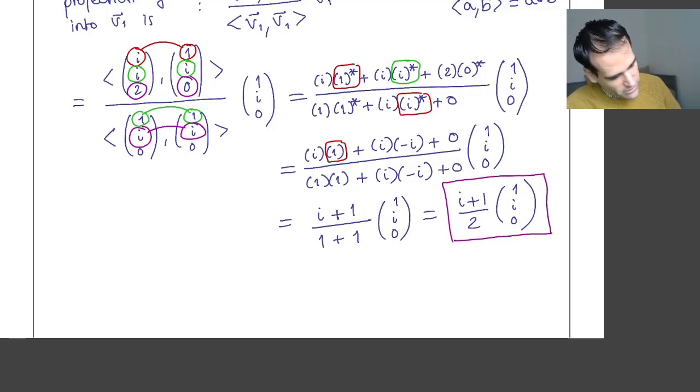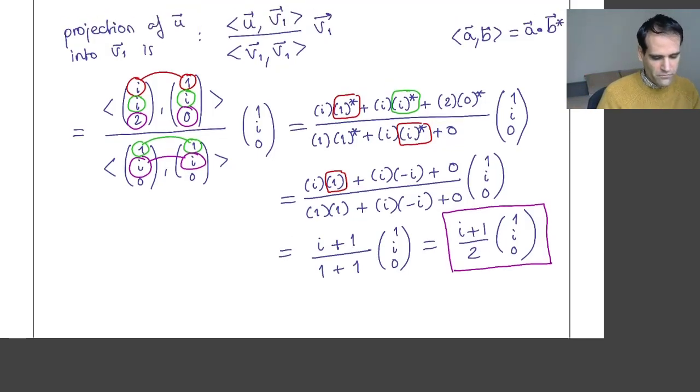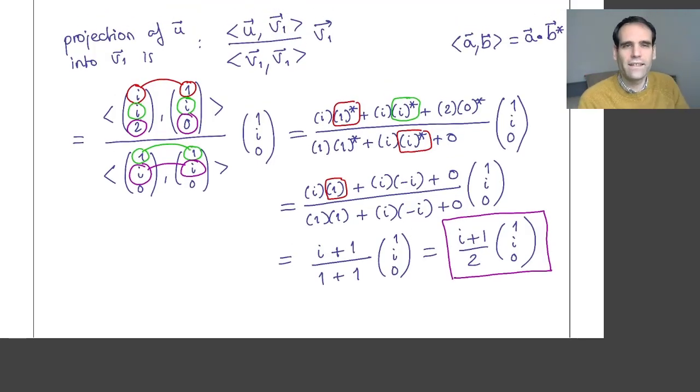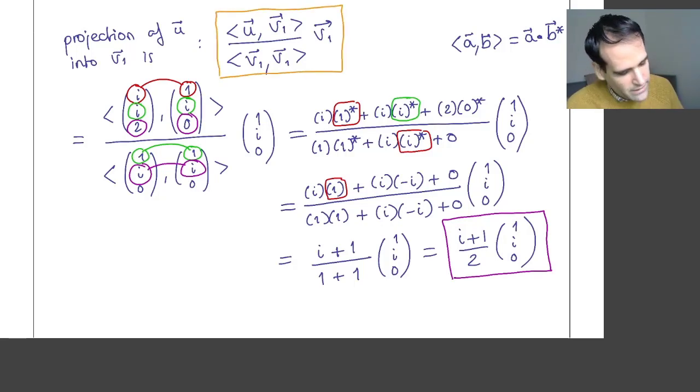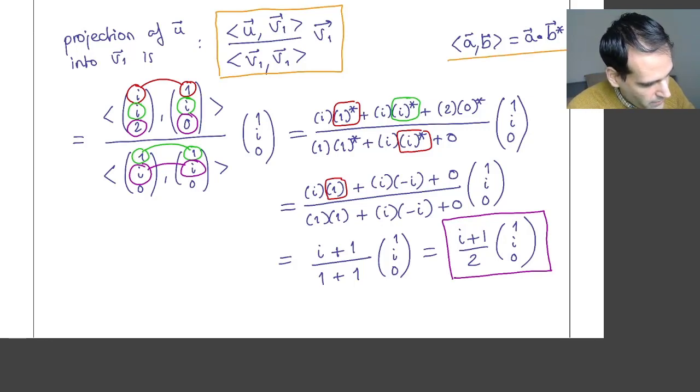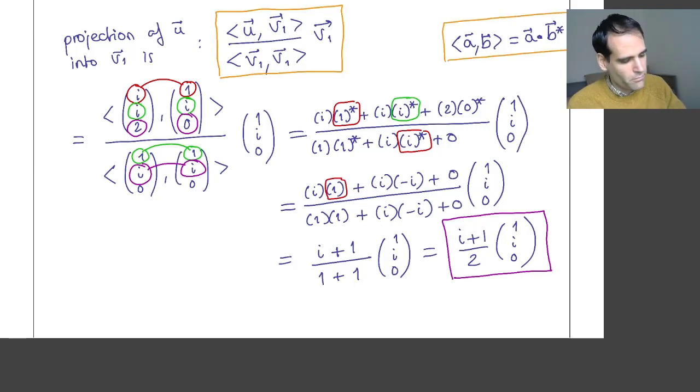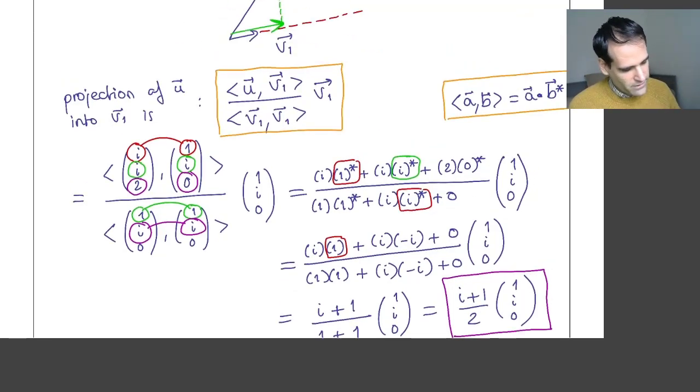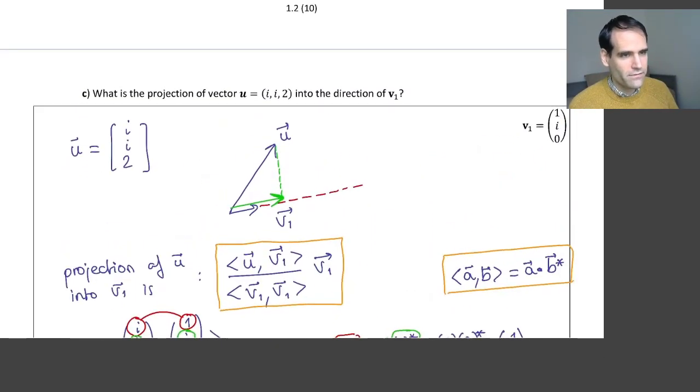So this is the projection of vector u into the direction of v1. Okay, so we simply used this recipe, and for calculating the inner product, we used the fact that we just have to multiply each component by the corresponding component, but always doing the complex conjugate of the second vector only. Yes? Perfect. That was the answer for this part, for C.